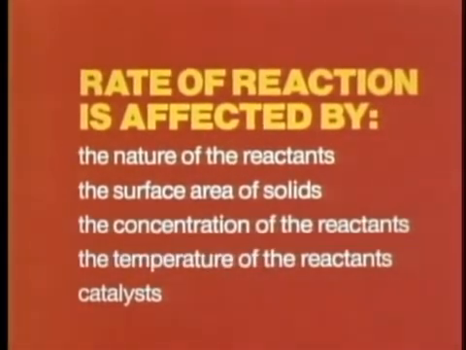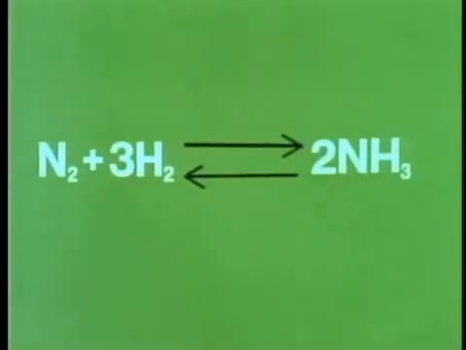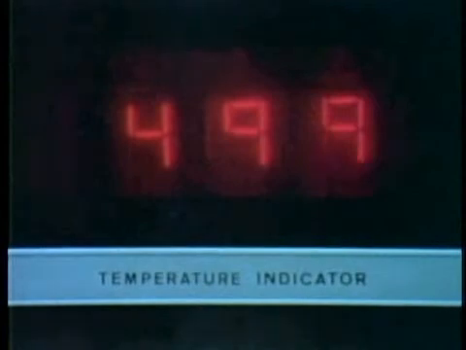This speeds up both the forward and backward reactions. But unfortunately, the reverse reaction is endothermic. Too much heat will break down the ammonia faster than it forms. So chemists compromise by using an intermediate temperature, about 500 degrees Celsius, warm enough to hurry the reaction, but not so hot that it seriously reduces the amount of product formed.